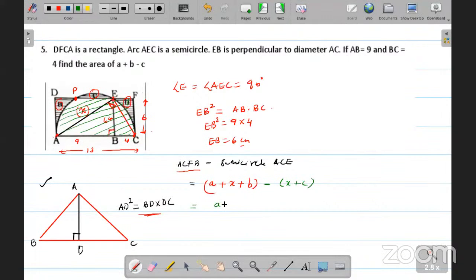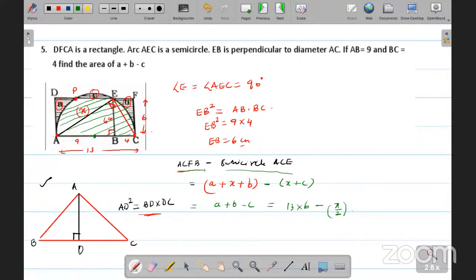So if you want to get the value of A plus B minus C, all you need is to subtract from the area of rectangle the area of this semicircle, right? And what is the area of this semicircle? We can easily find out. Area of rectangle is how much? 13 multiplied by 6, minus area of semicircle, which is 1 by 2 pi r square. What is r here? r is half the length AC.